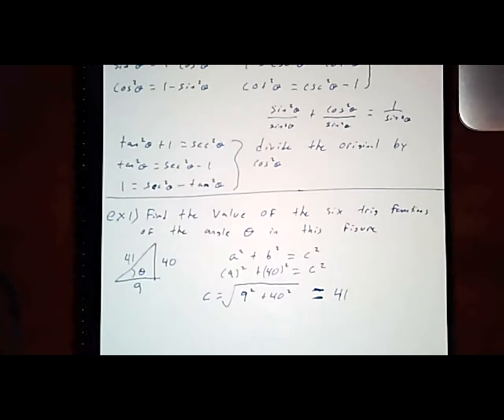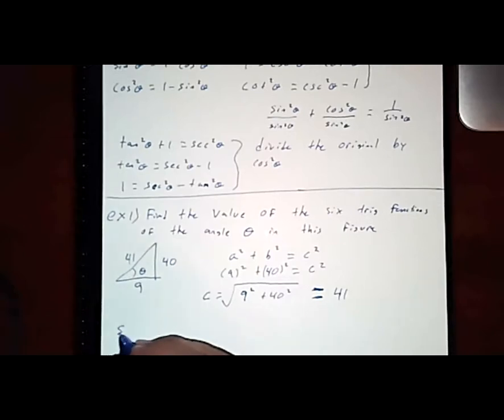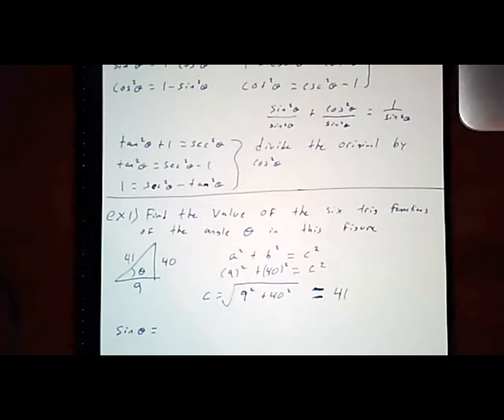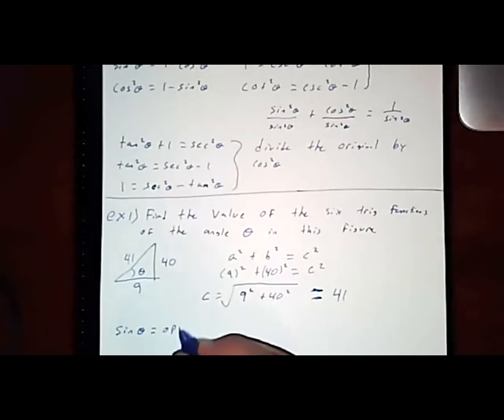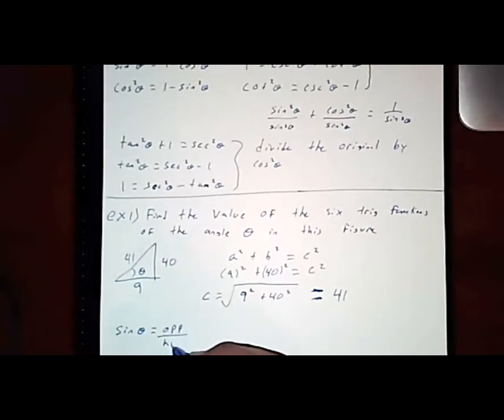if they give us an incomplete triangle, you can find the missing pieces and then you can answer the question. They want the 6 trig functions. They want sine, cosine, tangent, cosecant, secant, cotangent. So sine of theta, we know that's going to be opposite, right? Over hypotenuse, which is going to be, so here's the angle.